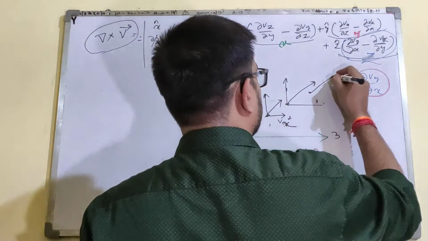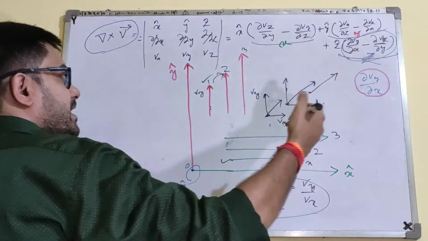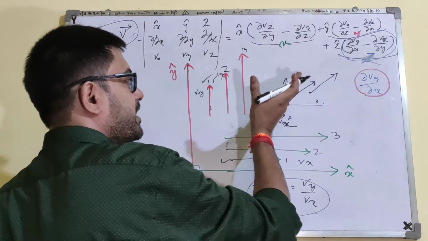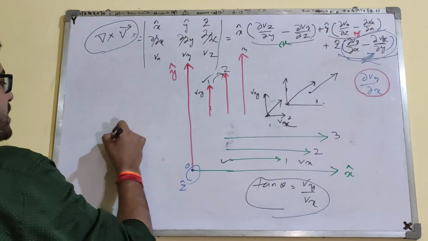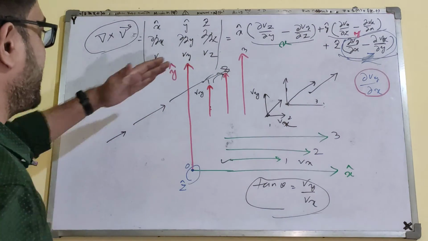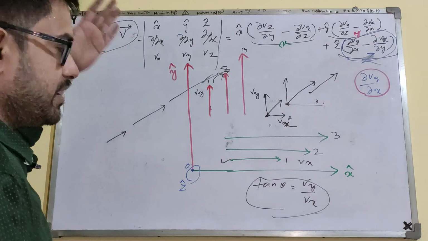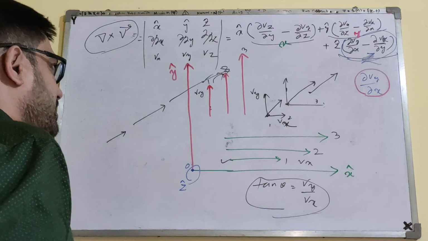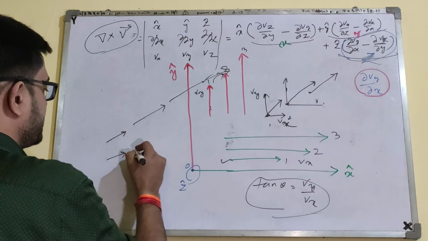Similarly, at point number 3, the vector might get even larger, but it will be parallel to the remaining 2 vectors. That means we are going to get 3 vectors like this, and these 3 vectors are parallel to each other. Maybe in line, if not in line, then at least parallel to each other.